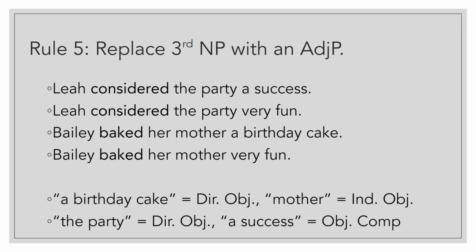Okay. You'll notice right away that in all these cases, you're going to have a direct object, right? It'll either be a direct object and an indirect object, or a direct object and an object complement. Or in the case of a transitive verb, it might just be a direct object by itself.